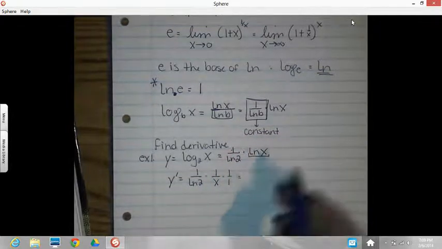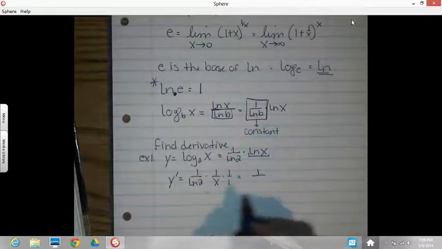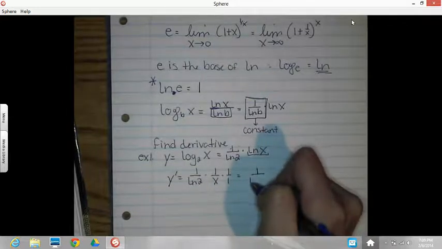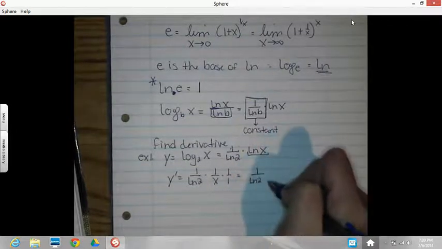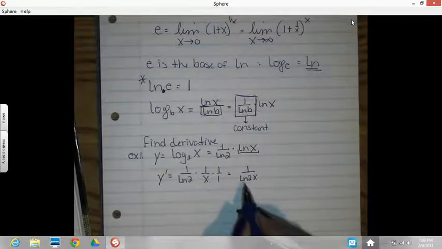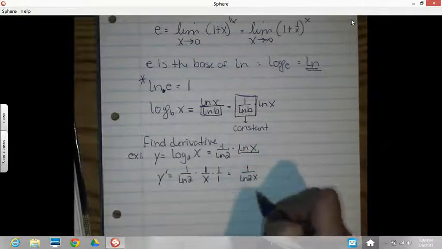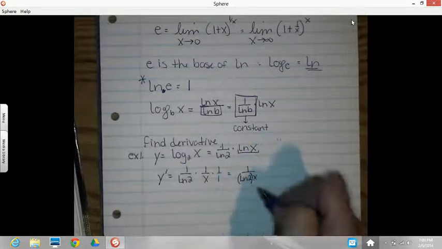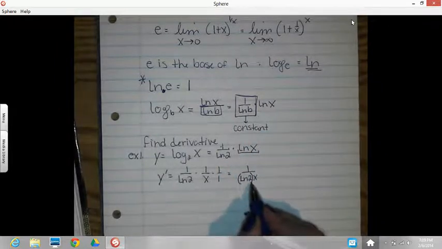So 1 over, you could write, because of the order it is, it looks like natural log of 2 times x. You can't leave it like that because then it looks like the natural log of 2x. If you want to leave it like this, you would have to put parentheses around the natural log of 2 so that that's one value and then times x.